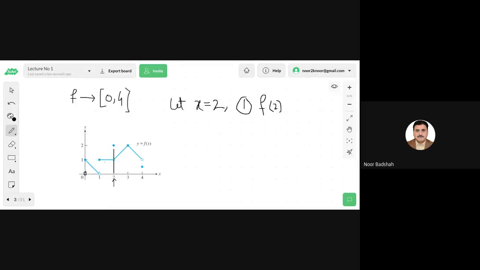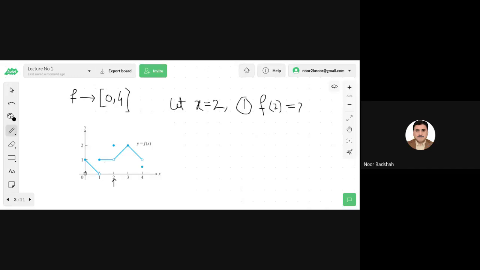The value of y at x equal to 2 is basically this point. So f of 2 is what? That is 2. f of 2 is 2. I hope that's clear.